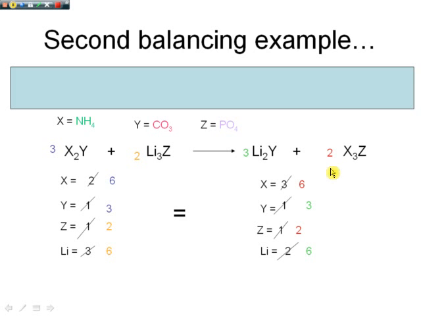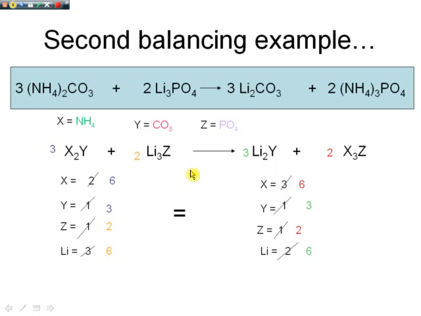Now, unfortunately, I can't simply leave it like this. I have to go back in and put my variables in for these different terms. My finished equation is 3(NH4)2CO3 plus 2Li3PO4 react to produce 3Li2CO3 plus 2(NH4)3PO4.